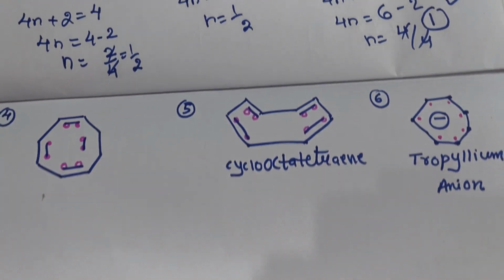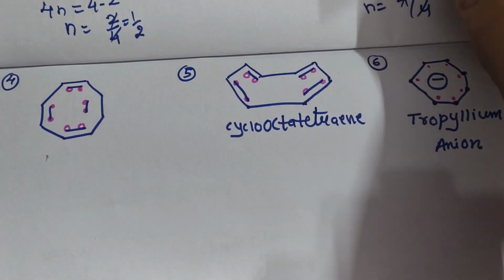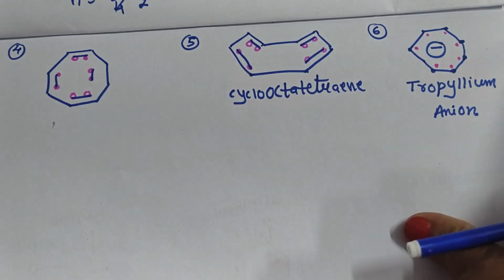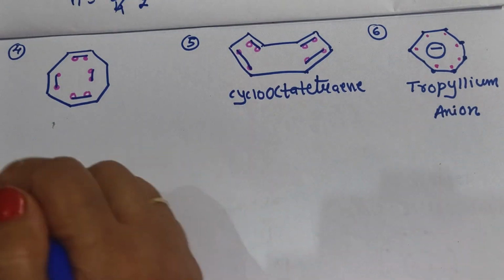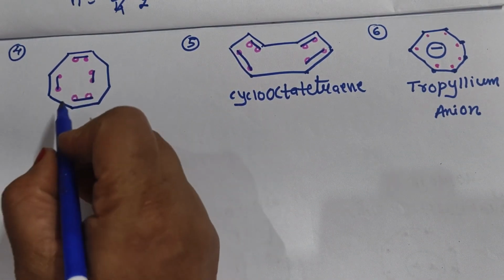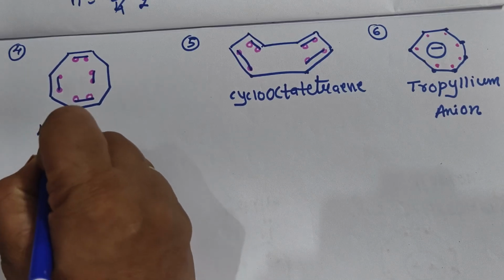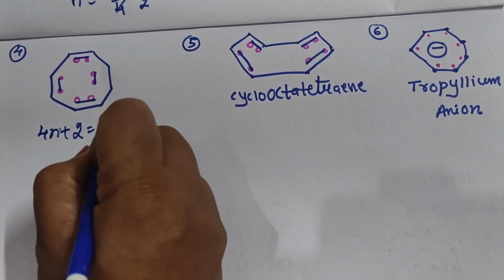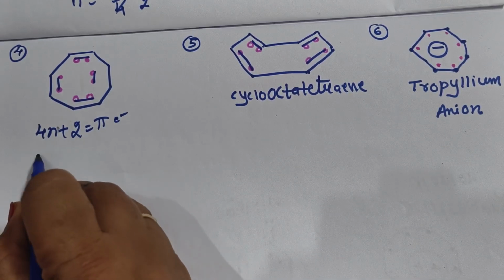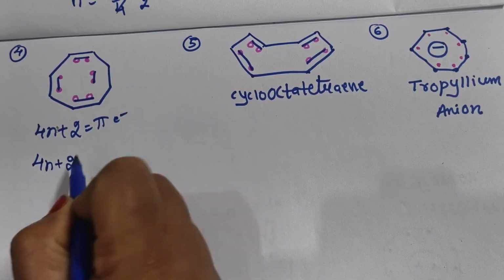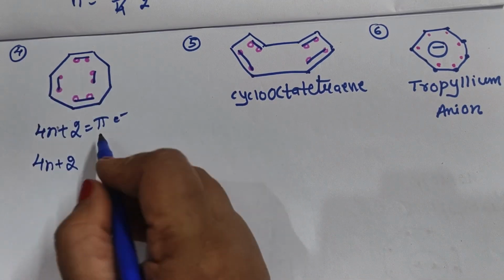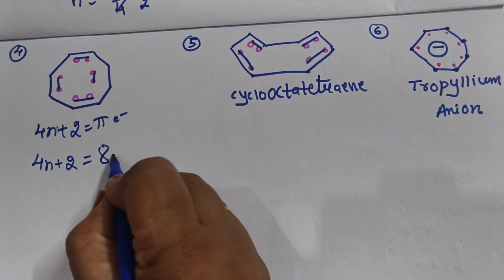Okay, so next we will talk about the next species. The name of this species is cyclooctatetraene. Again we will write 4n plus 2 equals the pi electrons. How many pi electrons can you see here? 1, 2, 3, 4, 5, 6, 7, 8. So the total number is 8 electrons.